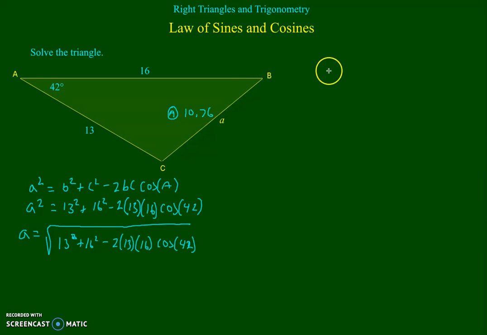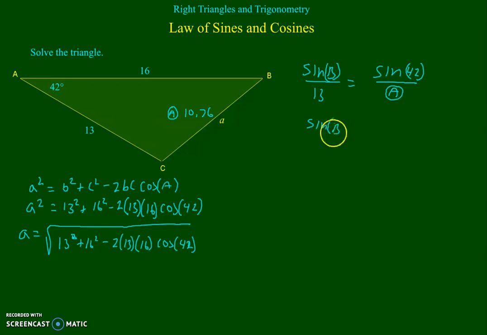Alright, now we're going to set up an example of law of sines. So I'm looking for this angle, so we say sine B over b equals sine A, which is 42, over A, which is this guy. And I'm just going to put the symbol that I used here so I can use my memory location for this value. Solve for this value.